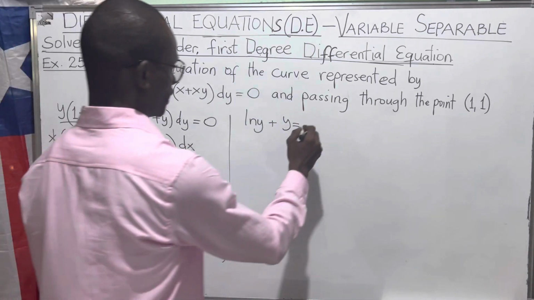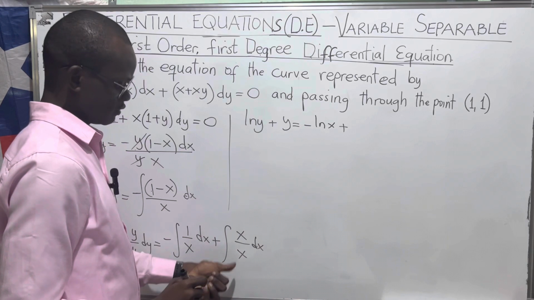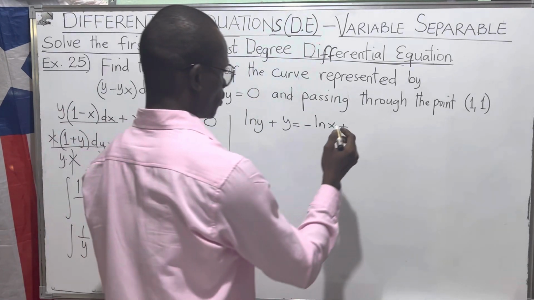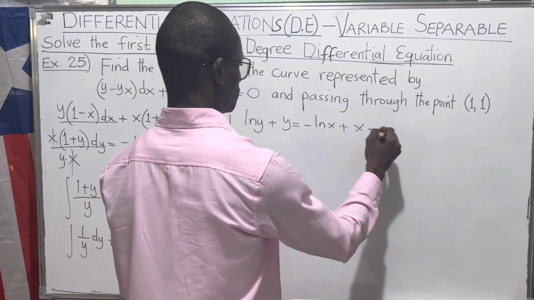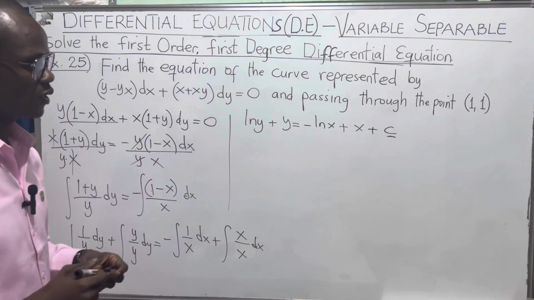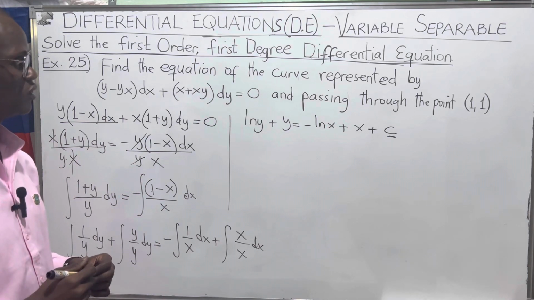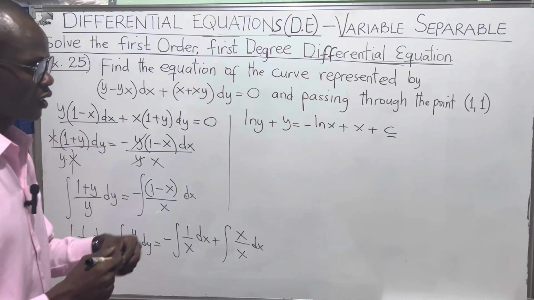And then this is also the ln of x. x divided by x is just 1, and the integral of 1 is just x, plus some arbitrary constant c. We first want to solve for this arbitrary constant c, and then we replace it in the general solution, thereby finding the equation of the curve.